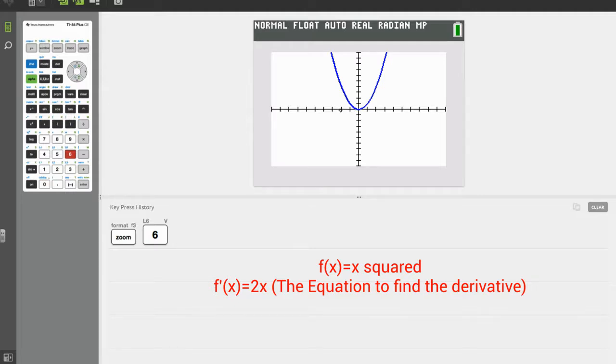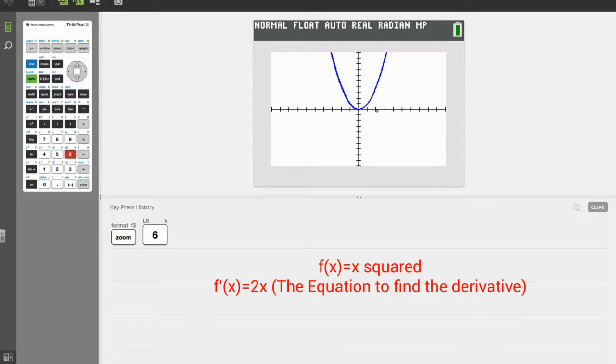Well, if I put -2 into my derivative, 2x, 2 times -2 is -4, I know that the slope at -2 is -4. If I put a value of 0 into my derivative, 2 times 0 is 0, I know that my slope at x equals 0 is a horizontal line. It's a slope of 0 at the point 0.